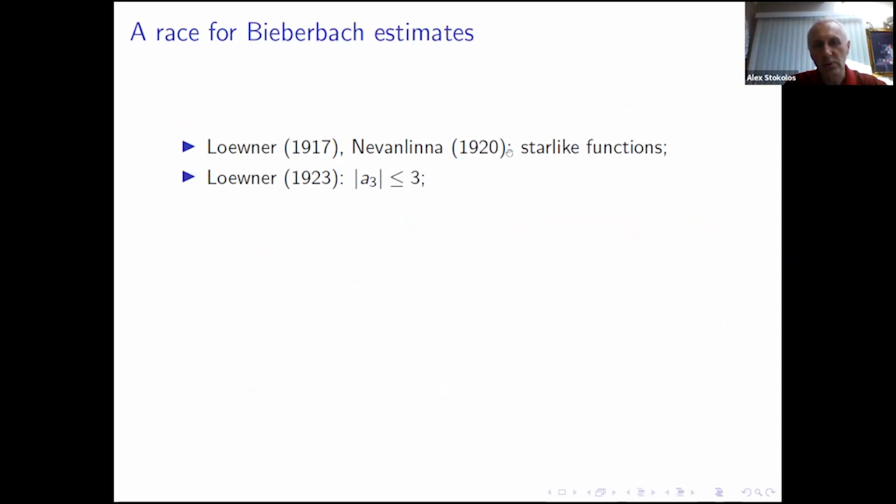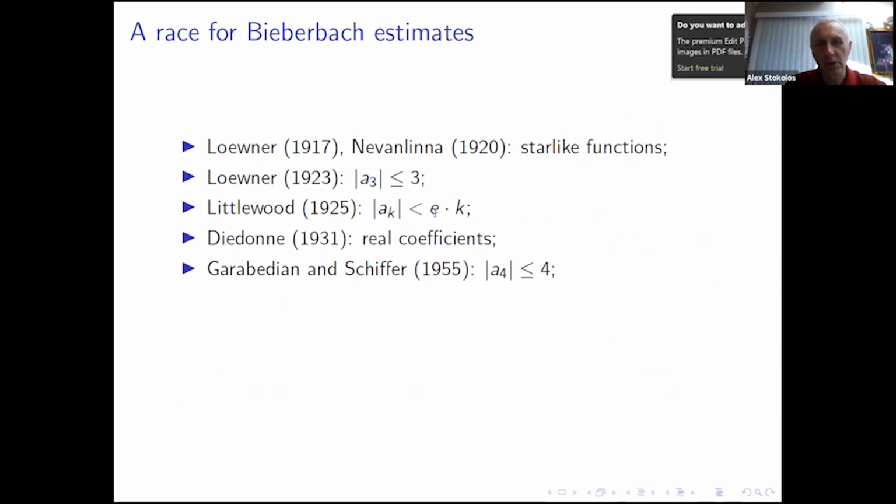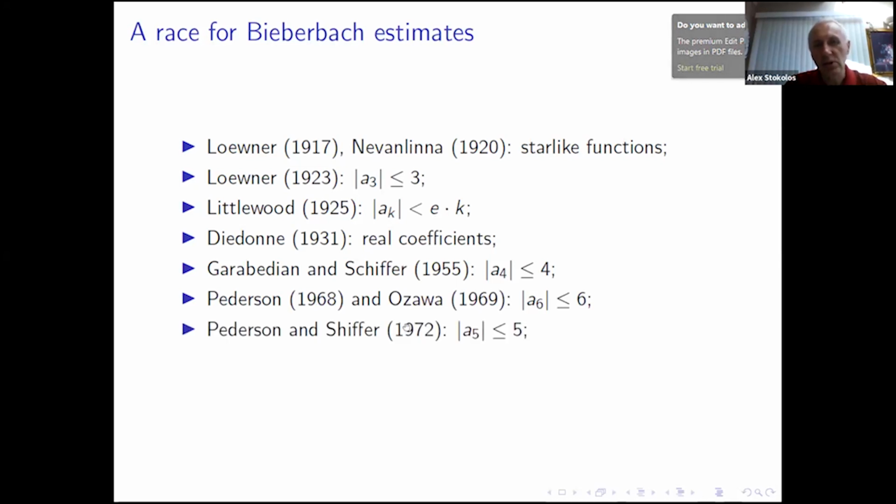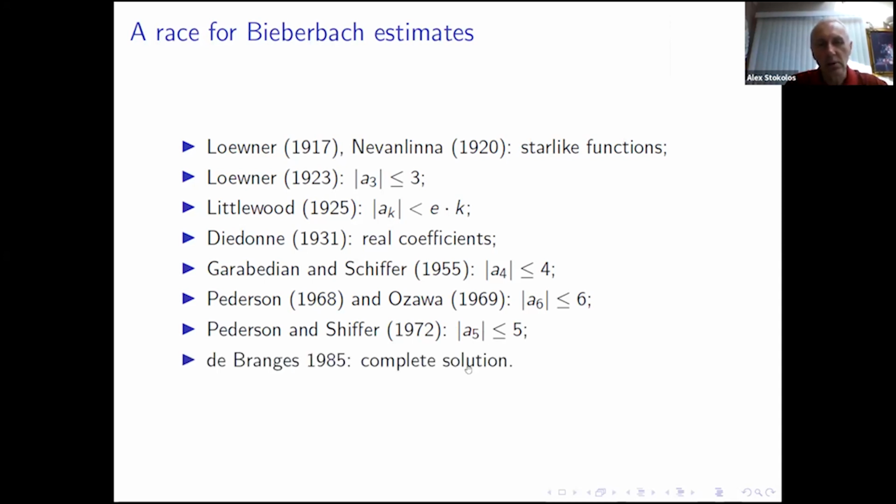First of all, it was proven for star-like functions, then Loewner proved the case of the third coefficient, then Littlewood proved the general case asymptotically with a factor e, then Dieudonné for real coefficients, then Garabedian and Schaeffer the fourth coefficient, then Pederson and Ozawa the sixth coefficient, and Pederson and Schiffer the fifth coefficient, and then there were some intermediate results until de Branges got the full proof in 1985.